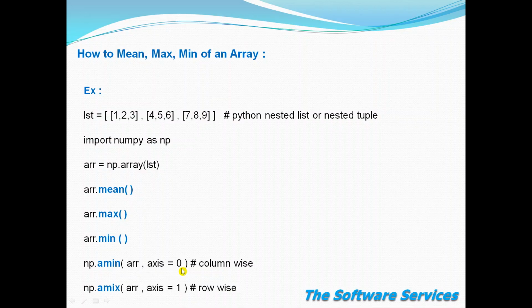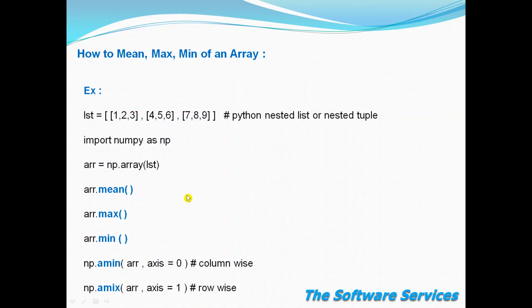And if you want to know the maximum or minimum value in a row, then you need to pass axis is equal to 1. Then it will perform row wise comparison and display the minimum number. So this is the brief explanation about these methods.